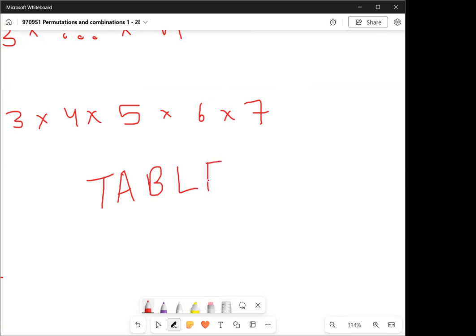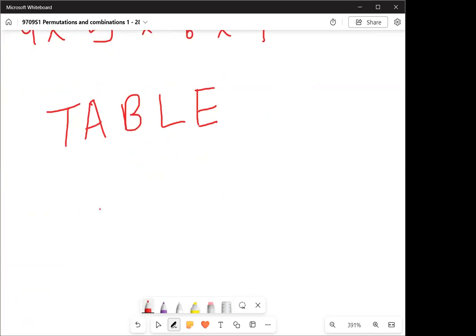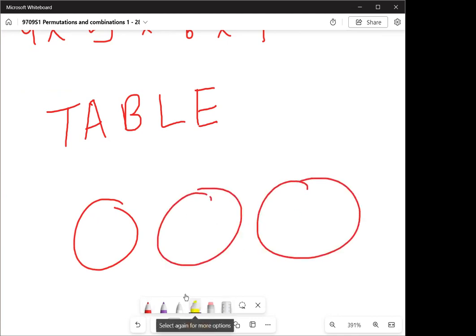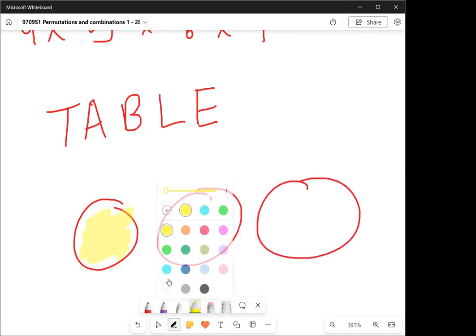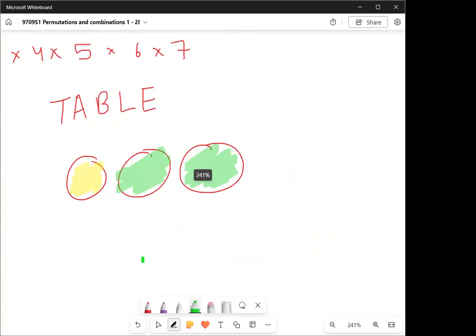Because you'll have lots of words afterwards. For beginning off, let's just take some balls. That's more visual. There's a yellow one, and there's a green one, and one more green one. Now the question would be, you have to place these objects in a specific arrangement.